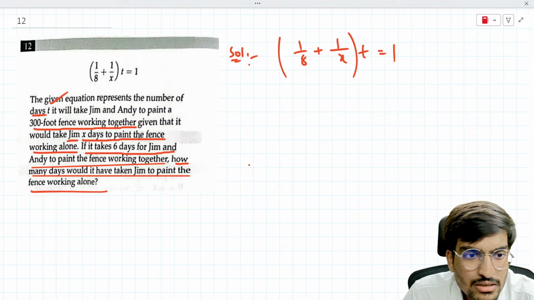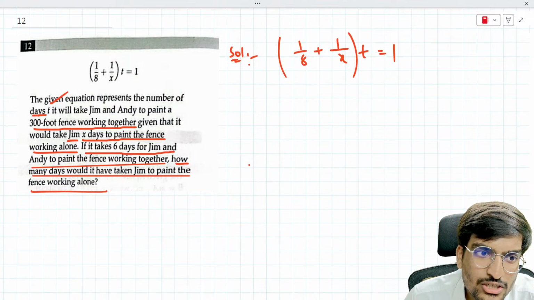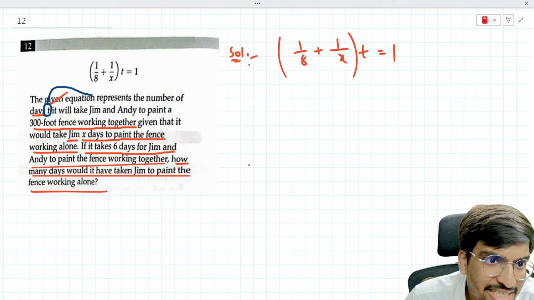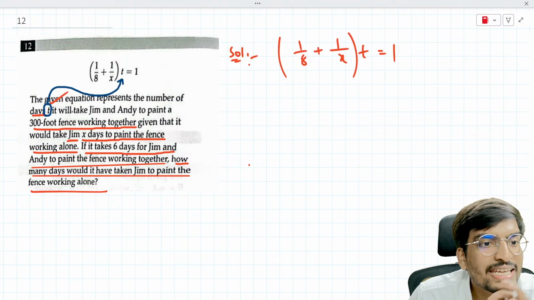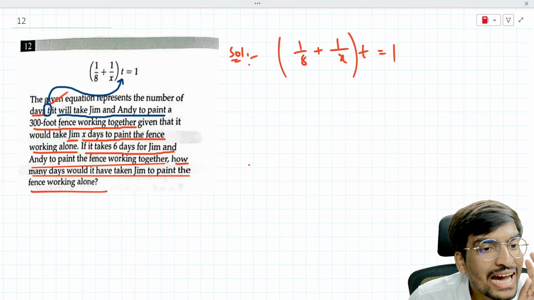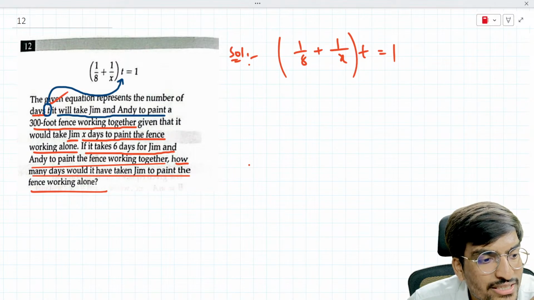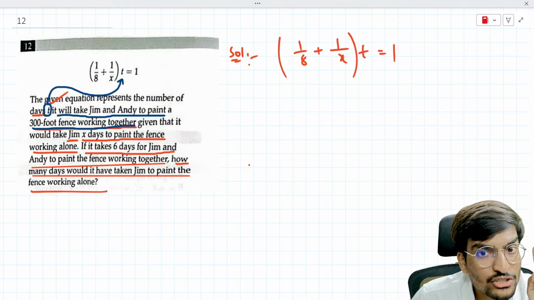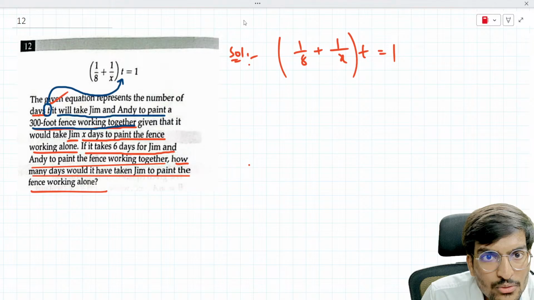So here they clearly mention at the top, if you read, you will understand what this t means. The t indicates the days it will take Jim and Andy to paint a 300-foot fence working together. That t indicates working together. So here they are saying the same thing.